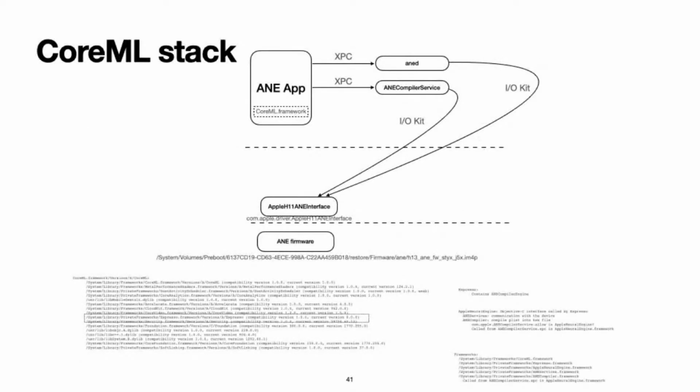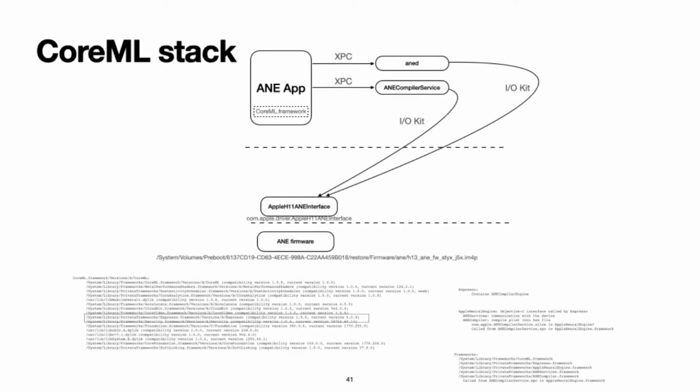A simplified view of how an app could use the CoreML framework to use the Neural Engine is like this. There is a daemon called ANECompilerService, which is responsible for converting files in the compiled CoreML model .mlmodelc directory into a HWX file, which we mentioned in the previous page.